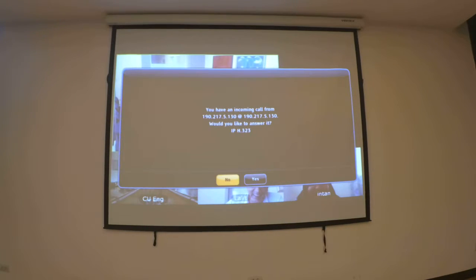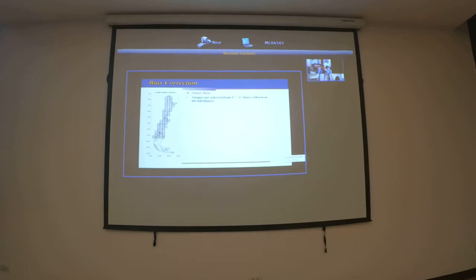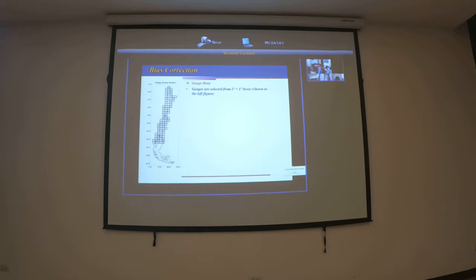Okay. So now we start with every 1 degree by 1 degree as a separate estimation box. You can see the whole region is separated into a number of boxes.